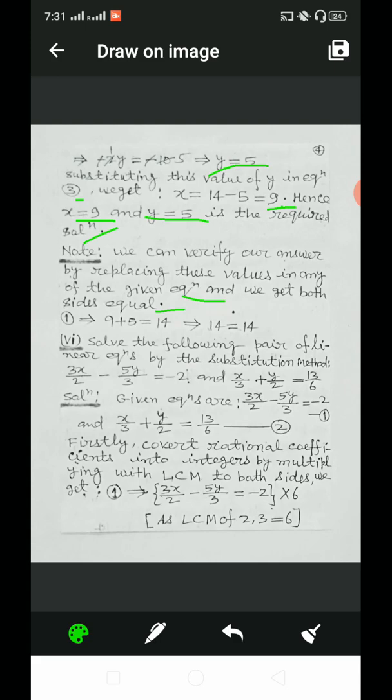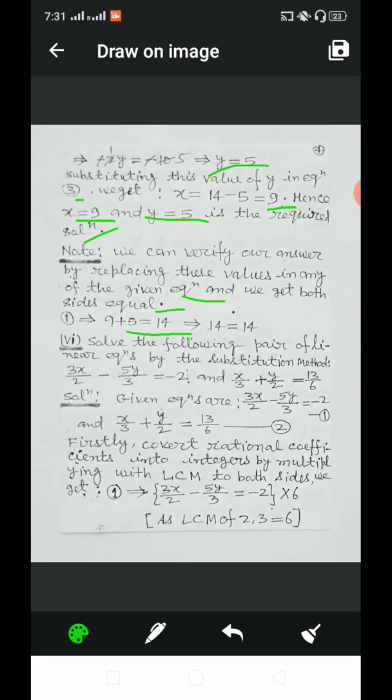Here first equation, x plus y is equal to 14. So putting the value of x and y in LHS, we get 9 plus 5, and this is equal to 14, equal to right hand side. So here the value of x is equal to 9 and y is equal to 5 are the correct values.